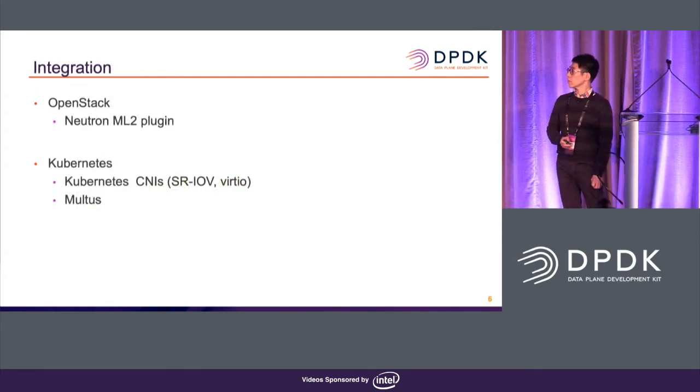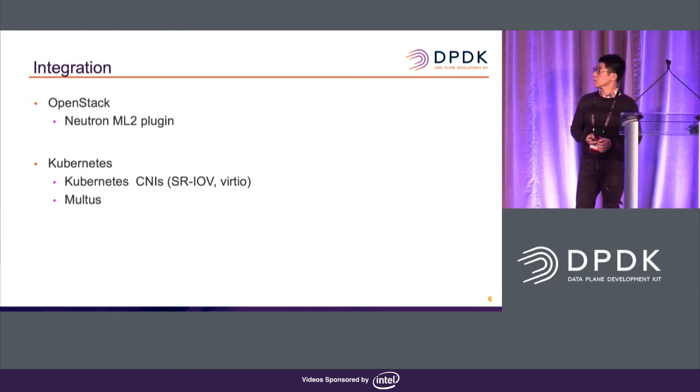For integration, we have several choices. For example, for OpenStack, we can implement the network application by using Neutron's ML2 plugins. Or for Kubernetes, we can use Kubernetes CNI or Multus CNI.